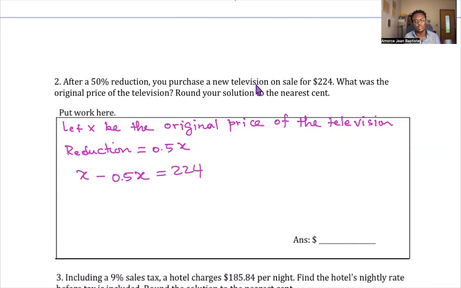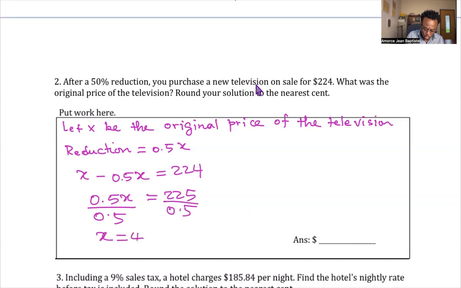So 1 minus 0.5 is 0.5, so 0.5X equals 224. If we divide both sides by 0.5, X will be 448. So X is $448.